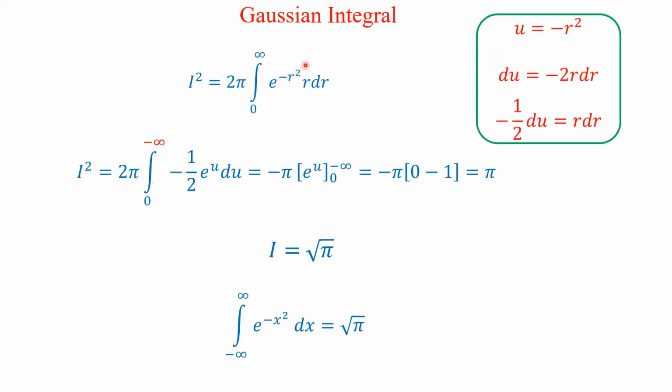Now I am going to set minus r squared as u.